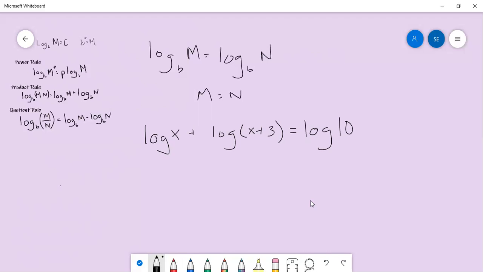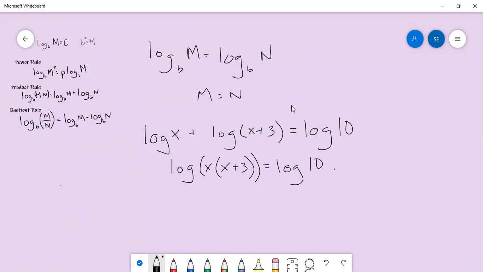So we can combine these. We're going to use the product rule here. We have log of x plus log of x plus 3, that we can condense down using the product rule to log of x times x plus 3. And this is equal to log of 10. So we have a log of something equal to a log of something, so those two things should be the same.